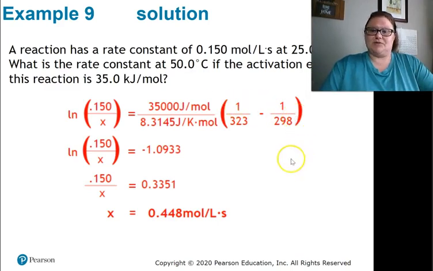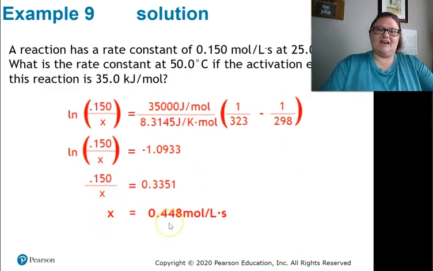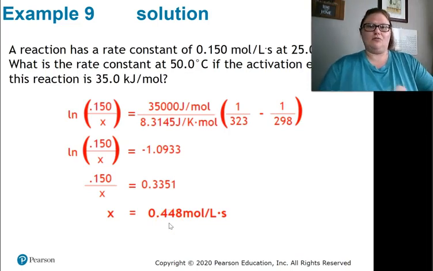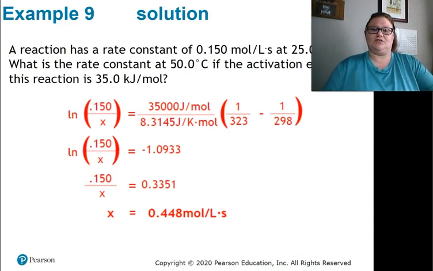And then we have our two temperatures here. Okay, so we simplify, and we simplify, and what we should get at the end of that, you could try it on your own, make sure you're typing it in the calculator correctly so that you get this answer too. 0.448 would be our x value, which would be our second rate constant for that other temperature.